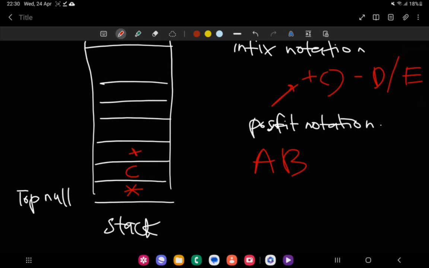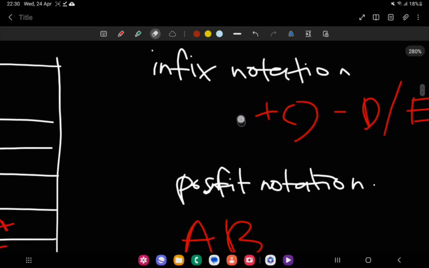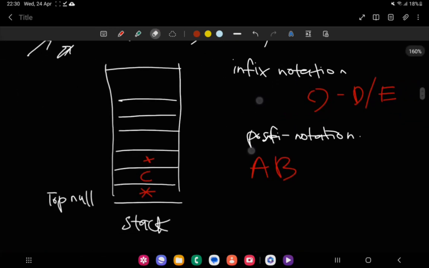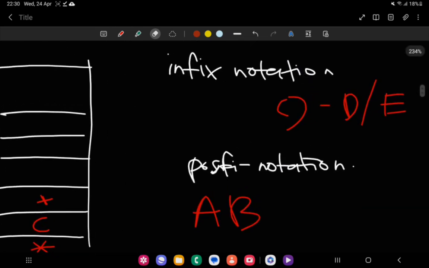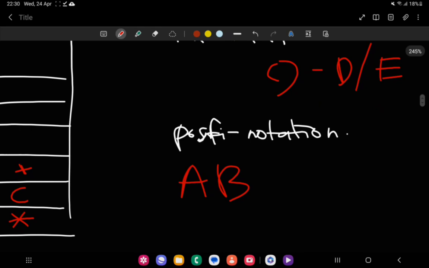So the plus gets pushed into the stack. Alright. So we erase this plus. Okay. The next token is C. C is the operand. So operand, as we know, goes to the postfix notation, which is the output. So we have C here, and erase the C operand.